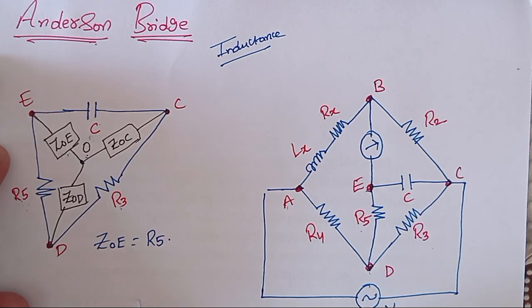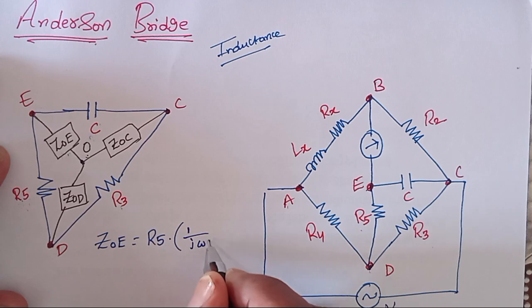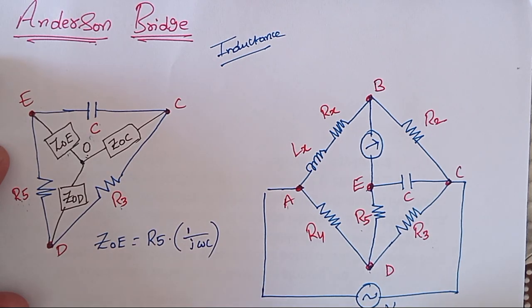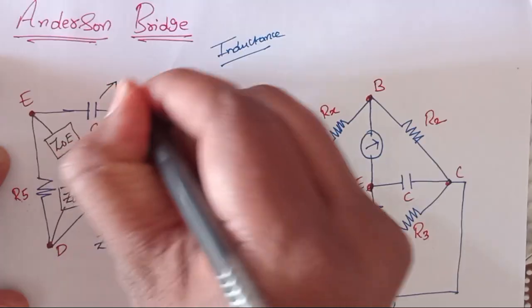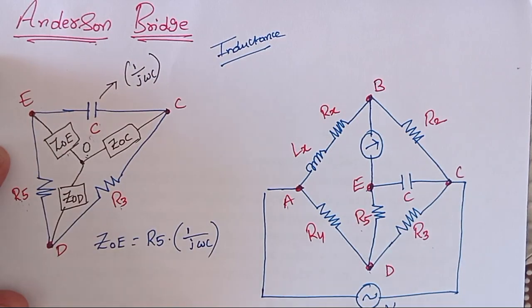So R5 into 1 by j omega C. You can write 1 by j omega C for the capacitor.